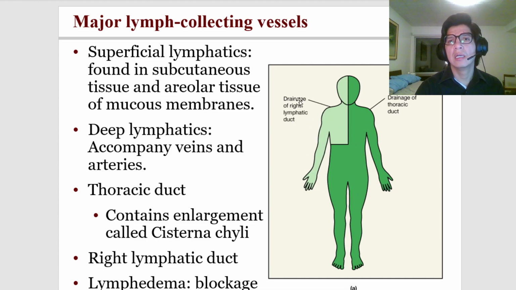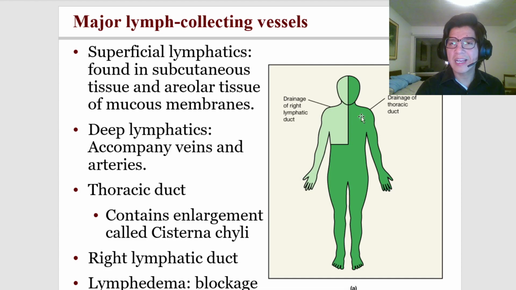In this case, we talk about the right lymphatic duct. It receives drainage from the right arm through the right subclavian trunk, drainage from the right thorax from the right bronchiomediastinal trunk, and drainage from the right head and neck from the right jugular trunk.